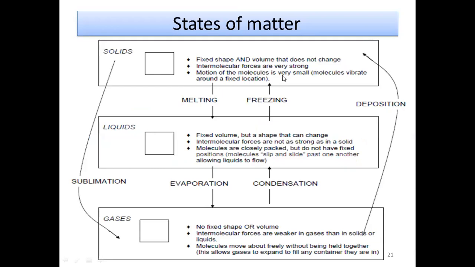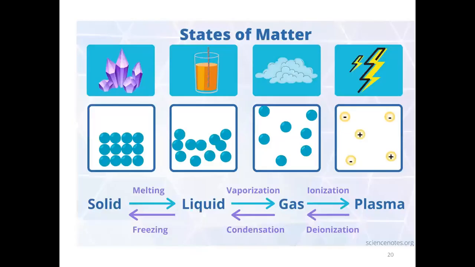The fourth point is that the motion of the molecules is very small, because the molecules are fixed, they can only vibrate. They cannot move away from the other molecules, because they have very strong intermolecular forces.